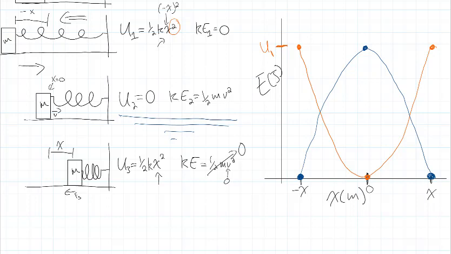An important idea here is if you were to track the total mechanical energy. Okay, so our total mechanical energy stays exactly the same.